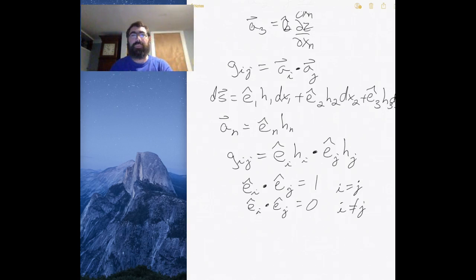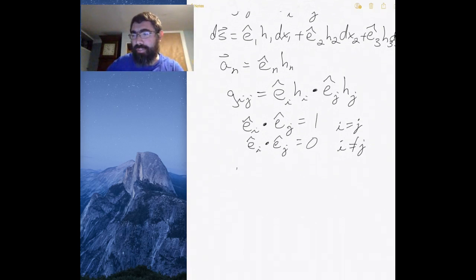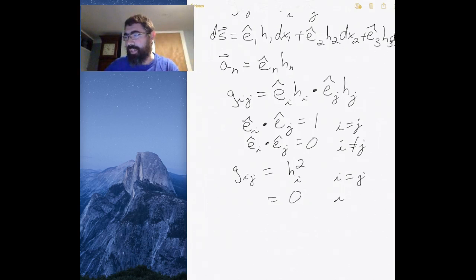So i is not equal to j. Therefore, what I have is Gij is hi squared if i is equal to j, and it's going to be 0 if i is not equal to j, which was the covariant form that I stated before.